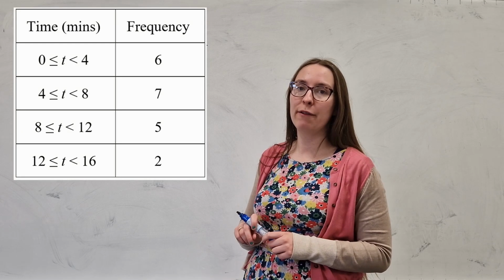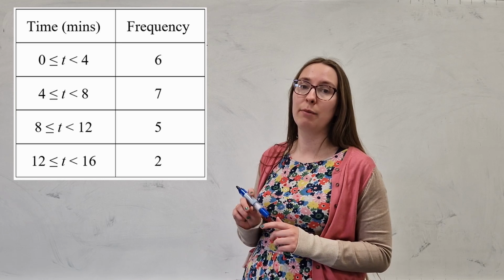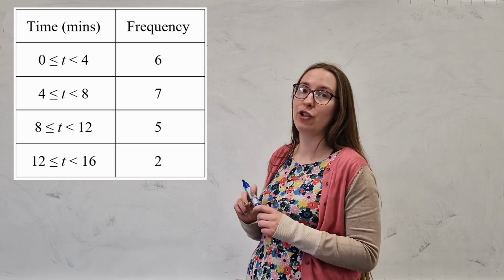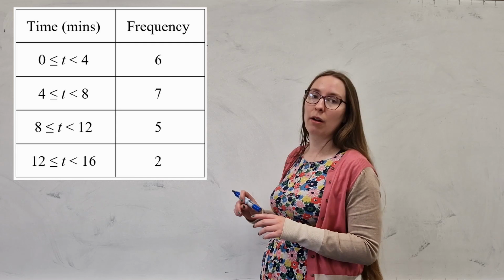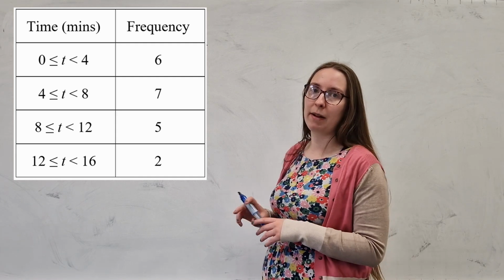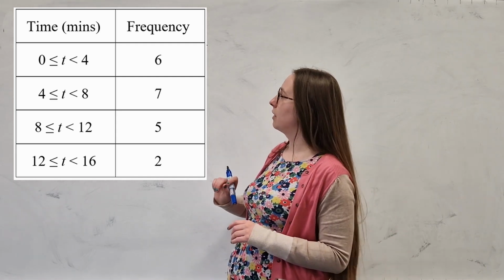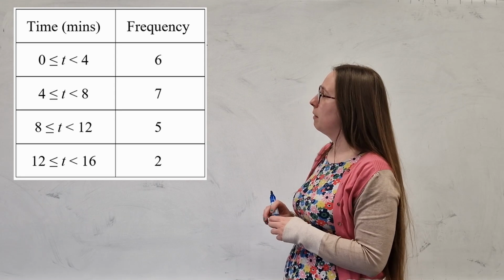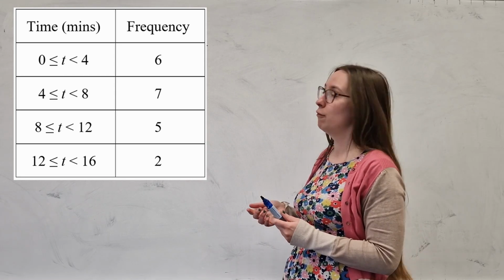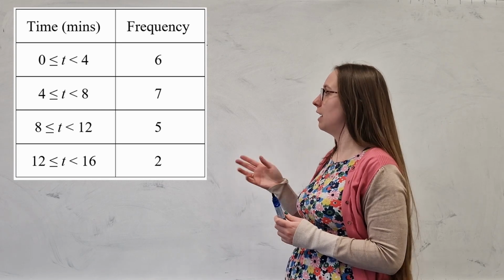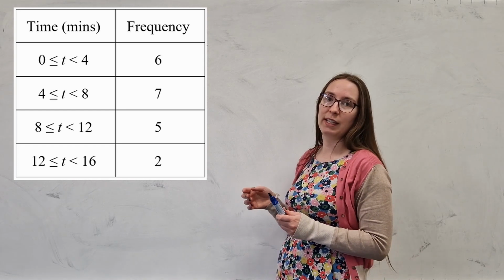Okay, so in the final part of the question, we're asked to find an estimate for the mean time taken by a student to complete a Rubik's Cube, and that's in minutes. I'm going to explain the context of the problem a little bit. Here you can see that we've got the time in minutes. In the first row, the time taken is between 0 to 4 minutes, then 4 to 8 minutes, 8 to 12 minutes, and 12 to 16 minutes.